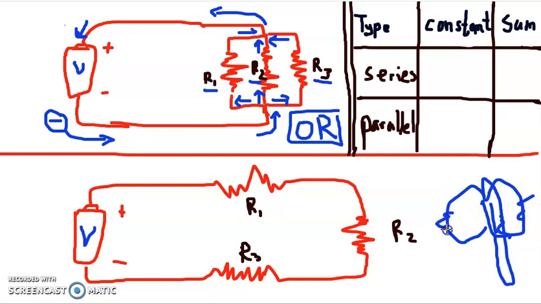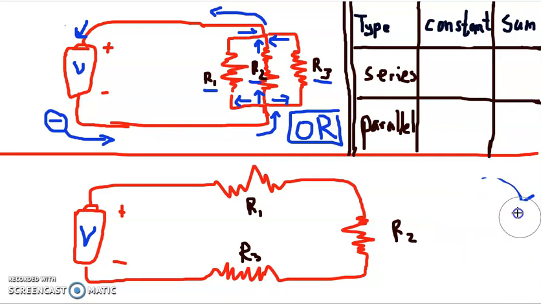That would have the same effect, right? The electron can go in this loop or in the other loop, and it can choose. That's how parallel works: the electron has a choice. As you're going through the homework, that's how you can tell. Does the electron have multiple paths that it can choose to take as it goes through the circuit? If so, then at least that portion of the circuit is parallel.